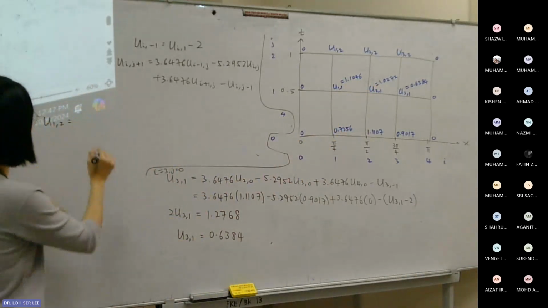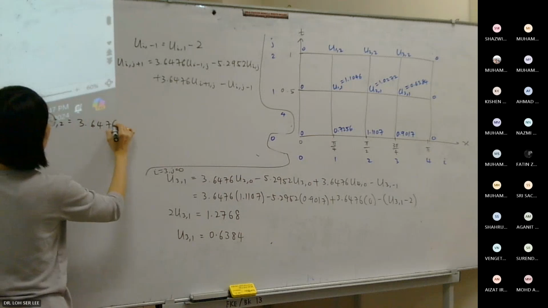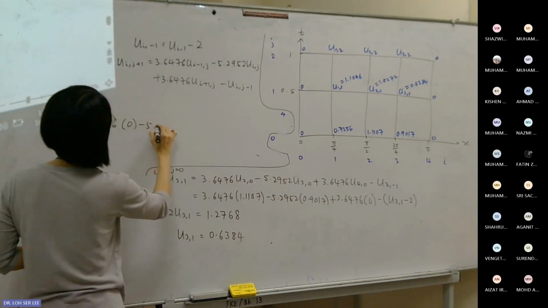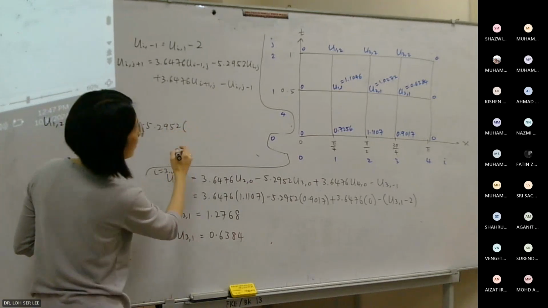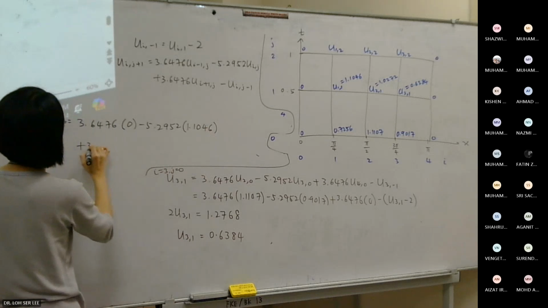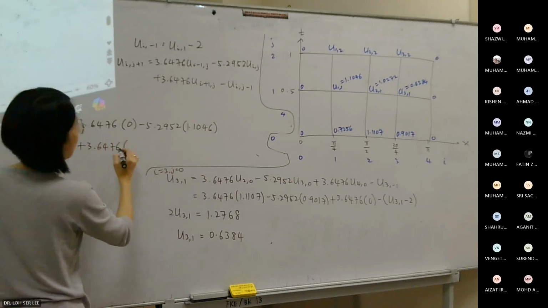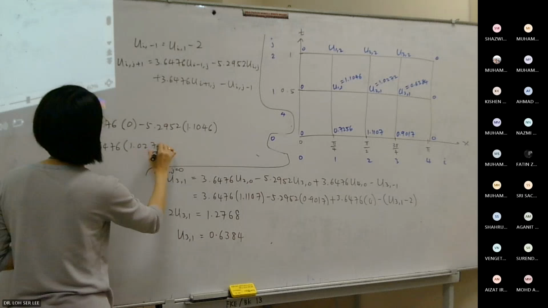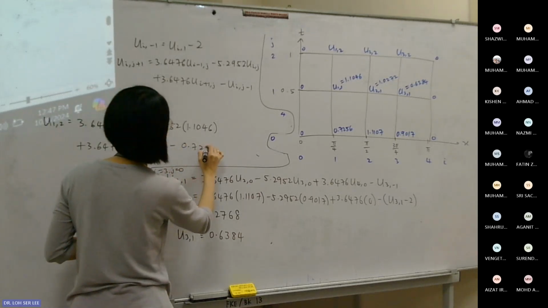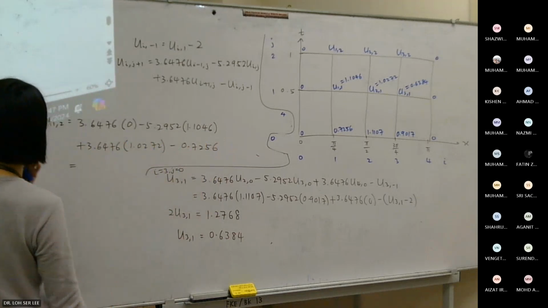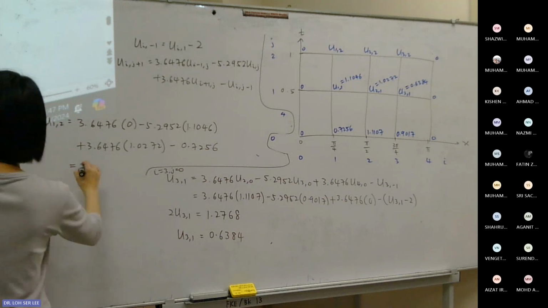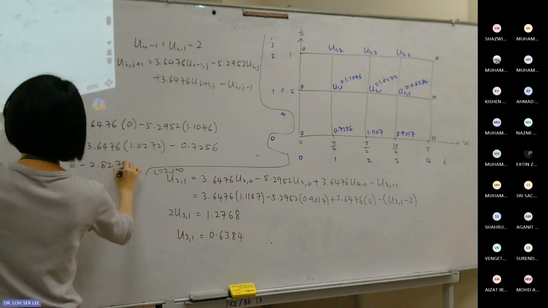You want to row and minus the one underneath, and you can get the value back. U12 is negative 2.8279.